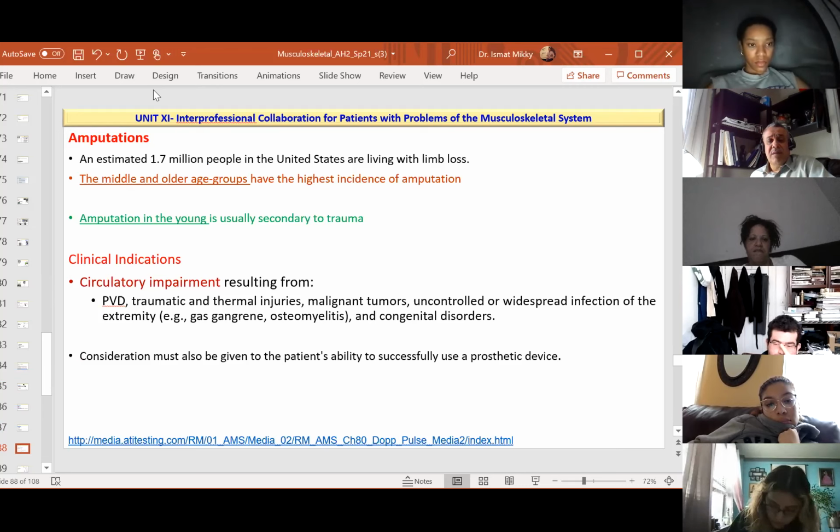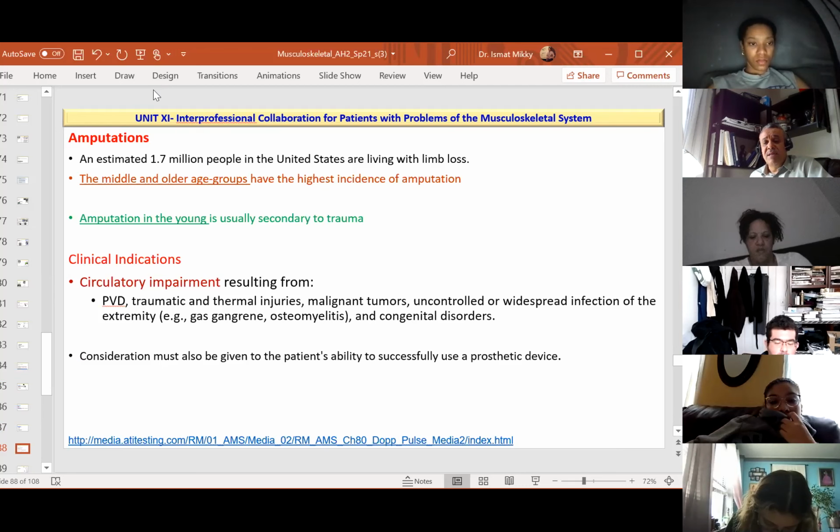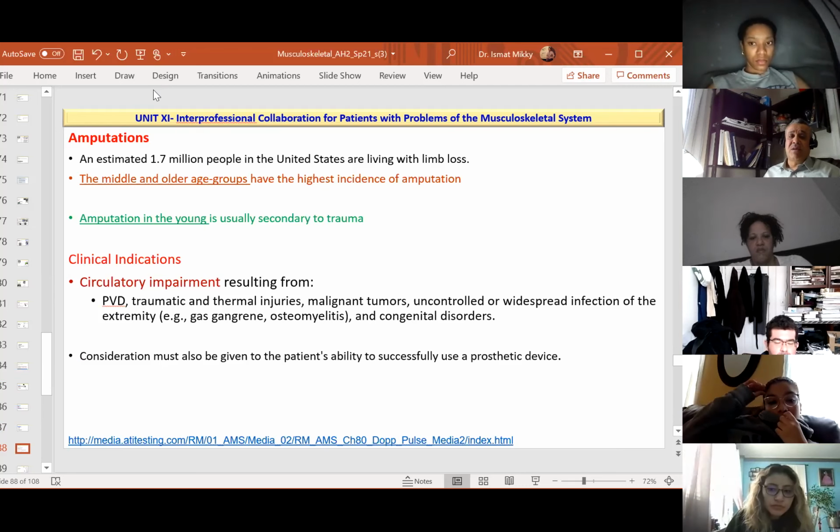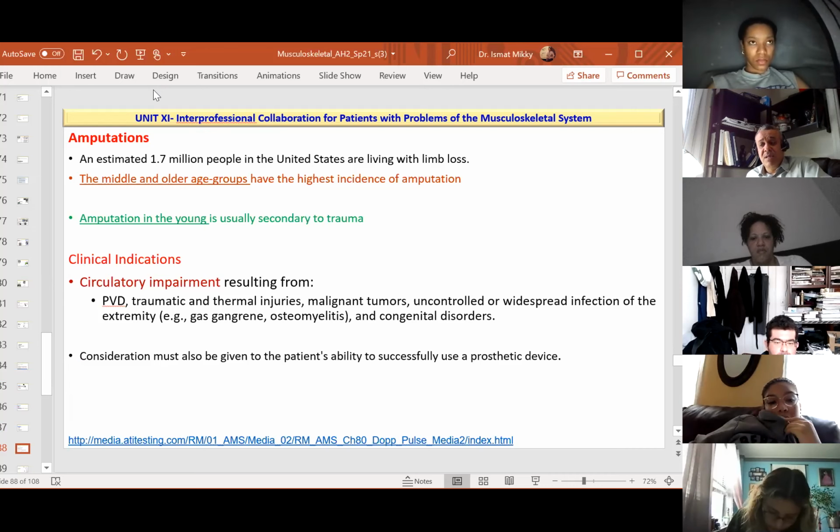So the clinical manifestations: the circulatory impairment results from decreased perfusion, basically like peripheral vascular disease, traumatic, and thermal injuries. These conditions may manifest as loss of sensation, inadequate circulation, and manifestations of sepsis or septicemia.